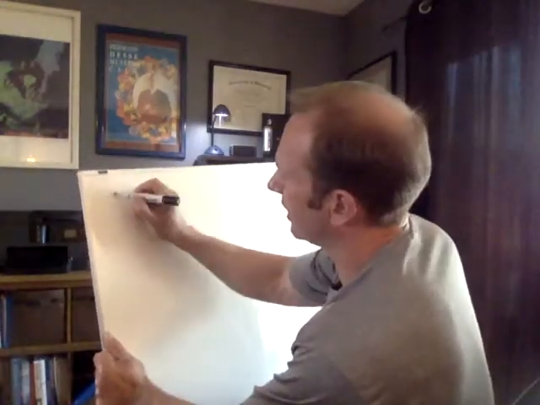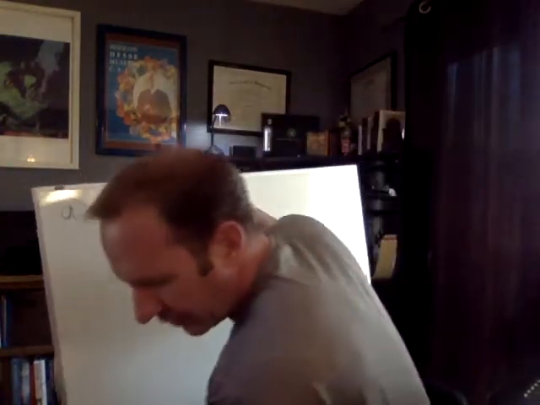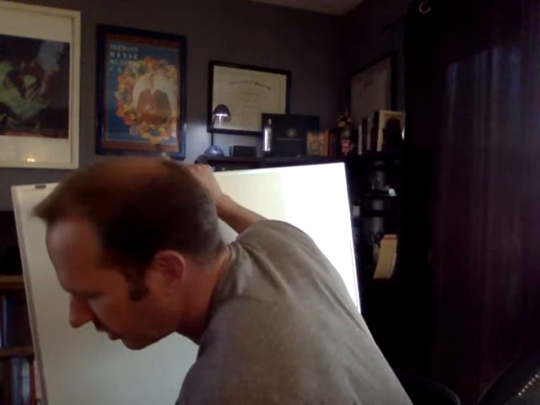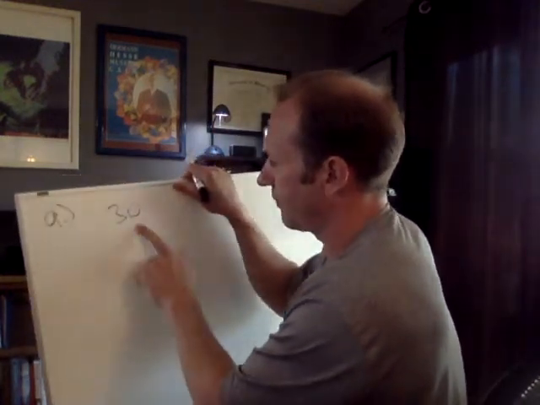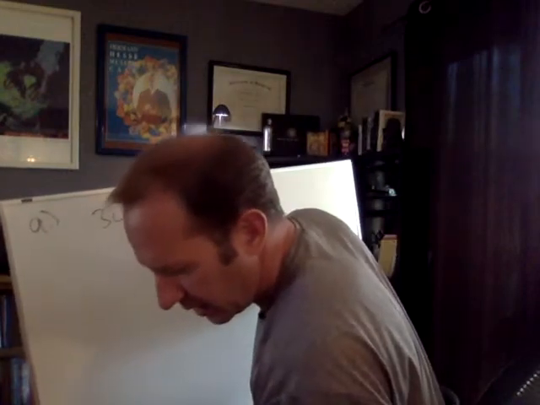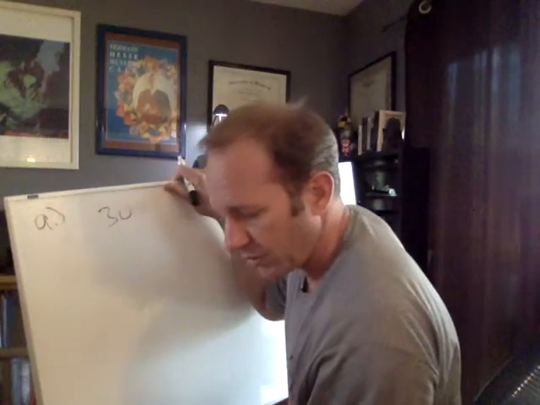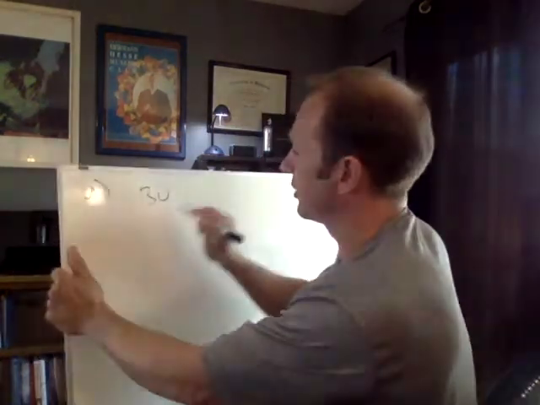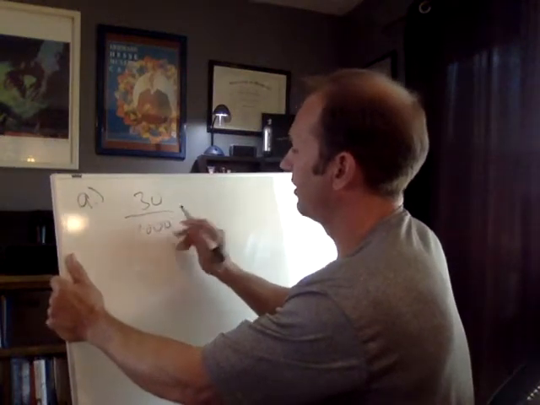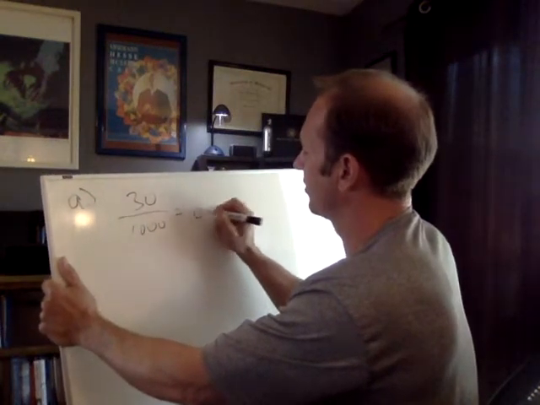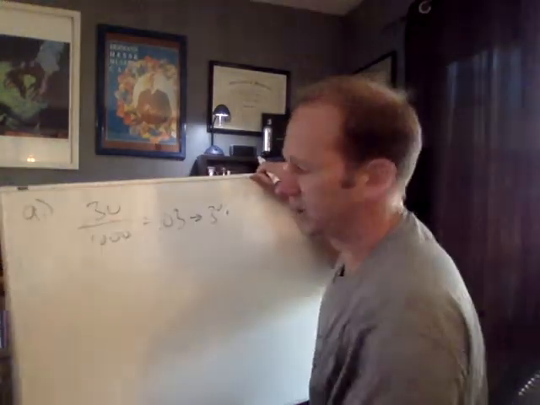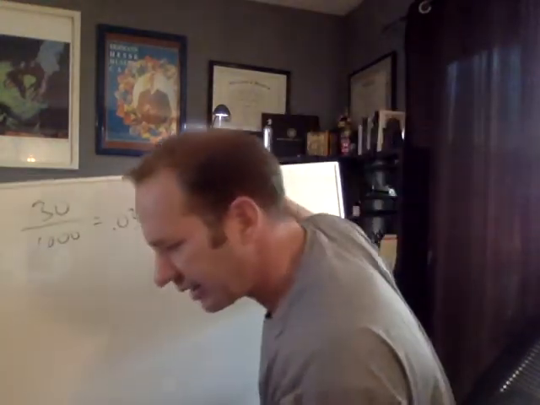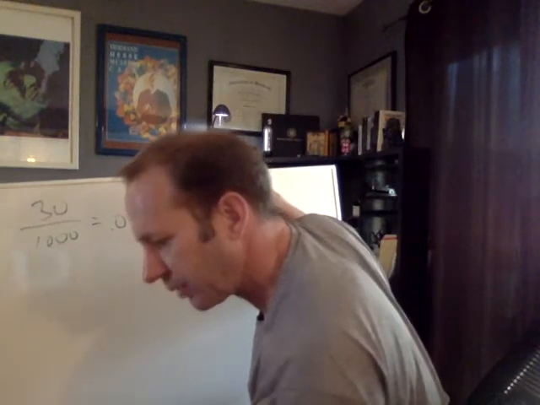So, for letter A, for number 4, the frictional unemployment rate is those 30 people of the labor force, the 1,000, and 30 over 1,000 is 0.03, which is 3%. So that's letter A, the frictional unemployment rate.